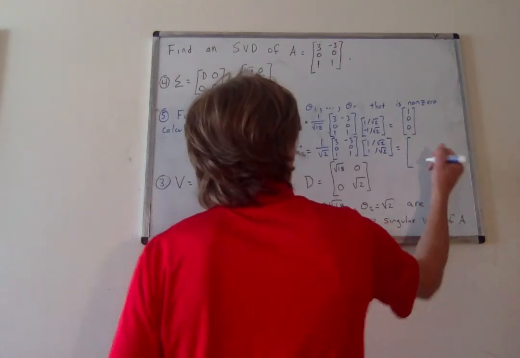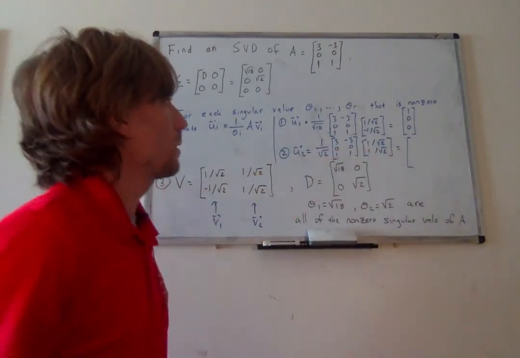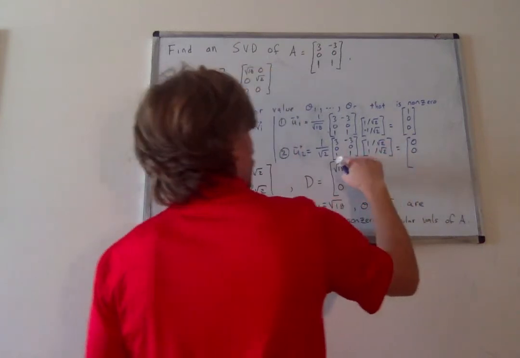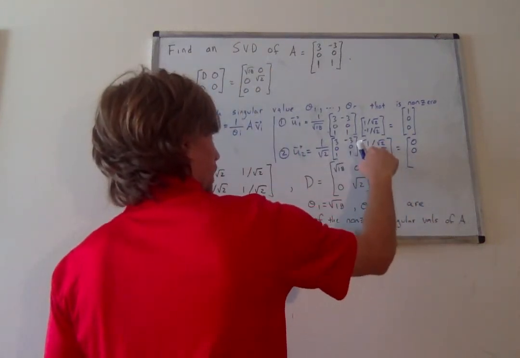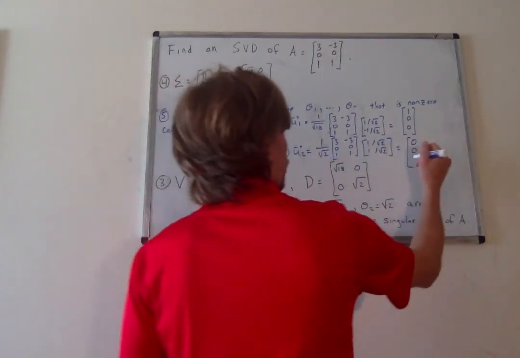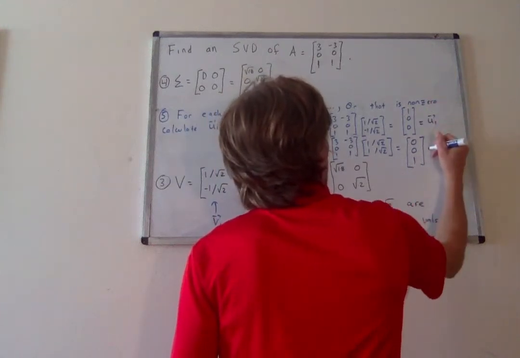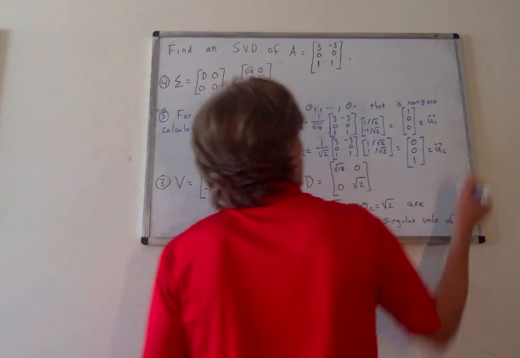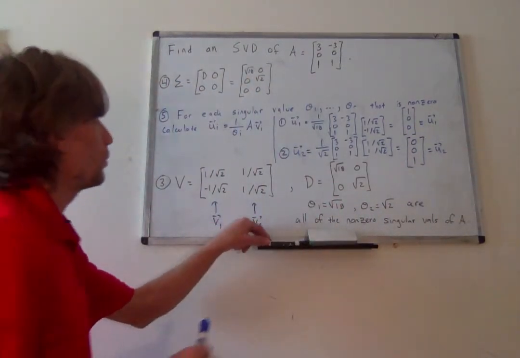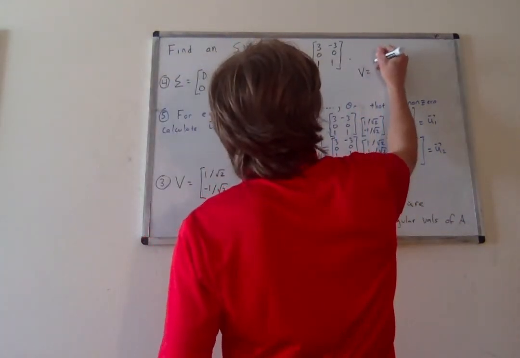That's equal to the vector where -3 plus 3 gives us 0, 0, and 1 plus 1 dot 1 over root 2 gives us 2 over root 2, times 1 over root 2 gives us 2 over 2, which is 1. So that's U1, U2. What I'm going to do to create space, we've got sigma, I'll write V up here.